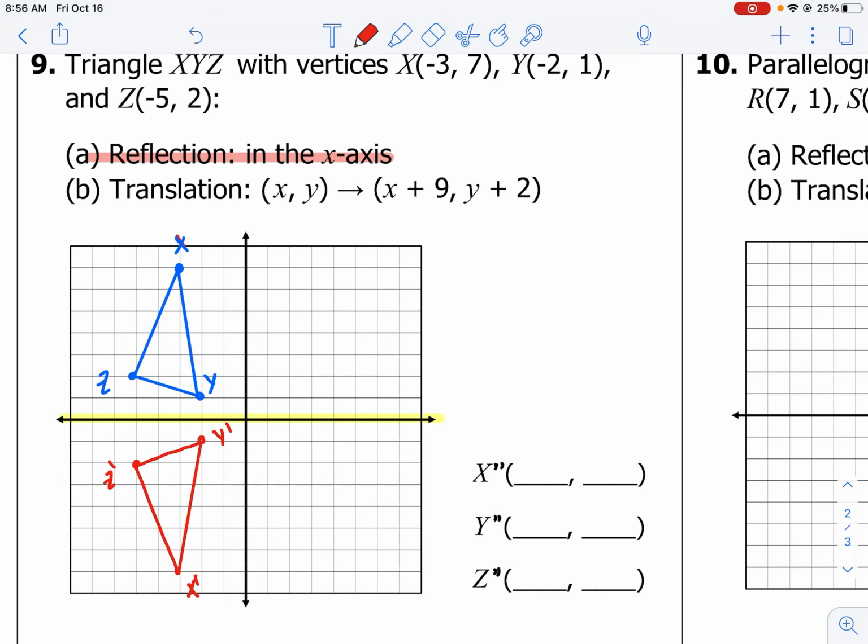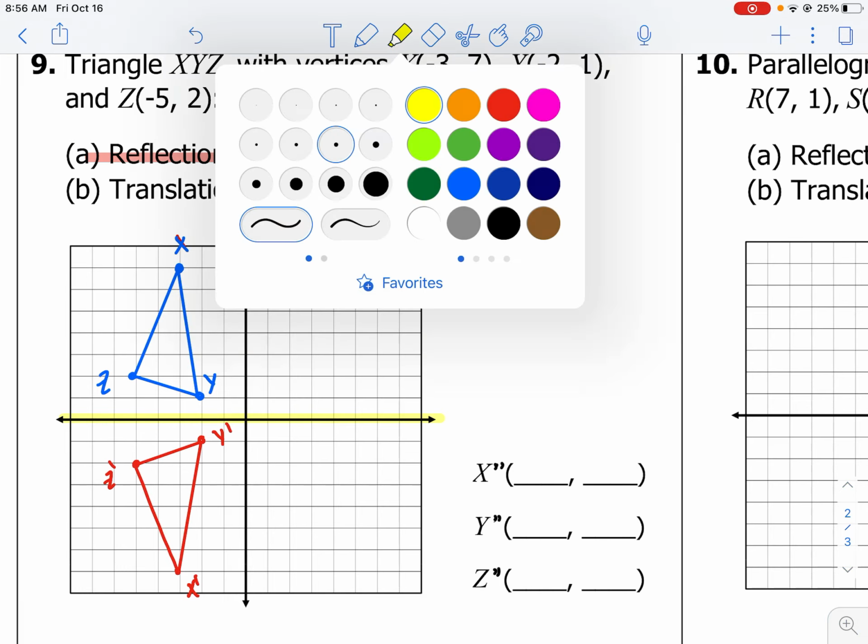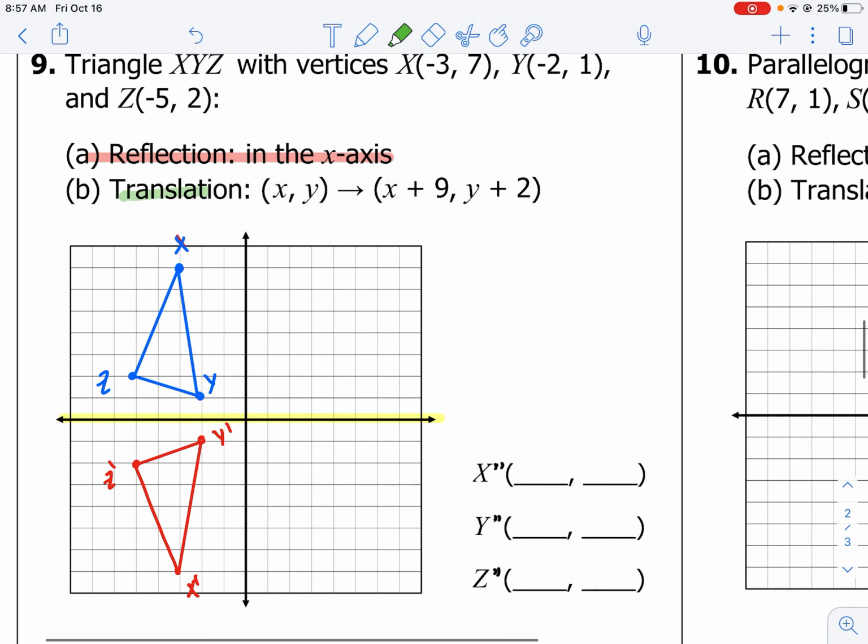And then our second one is we're going to translate it by moving it to the right 9 and then up 2. We translate the image that we just created, so we're translating x prime, y prime, and z prime.